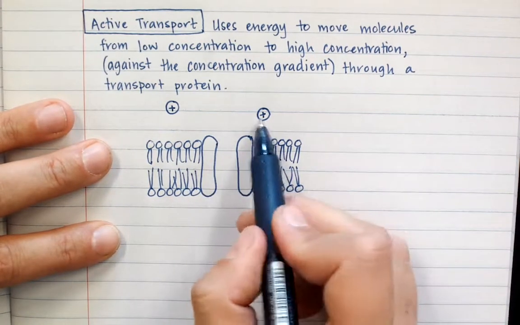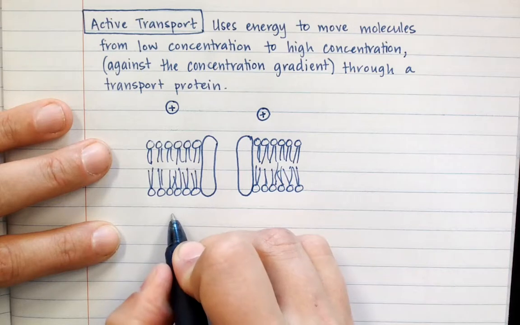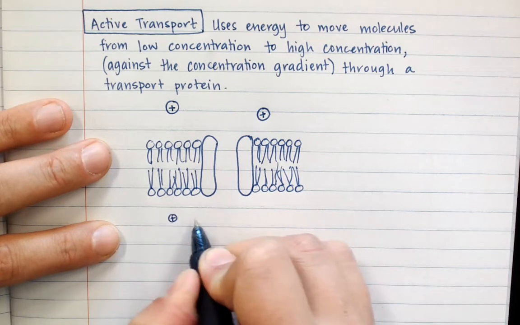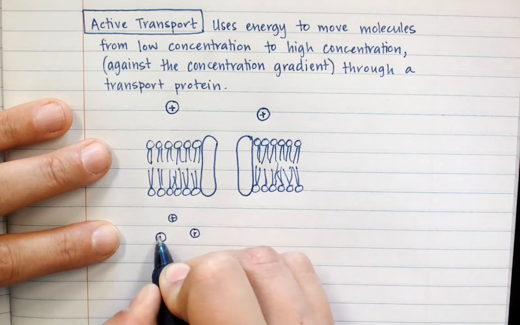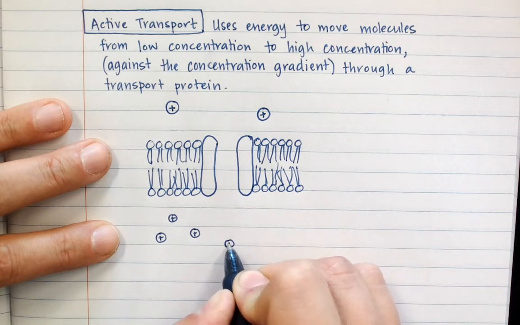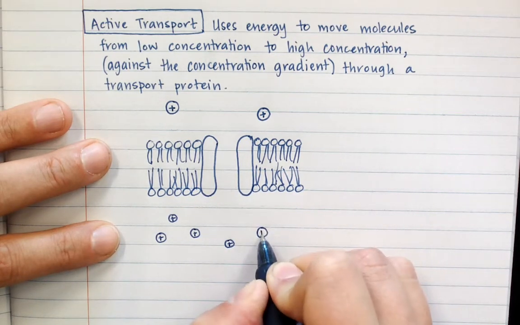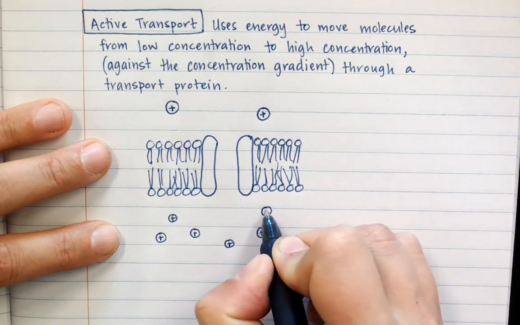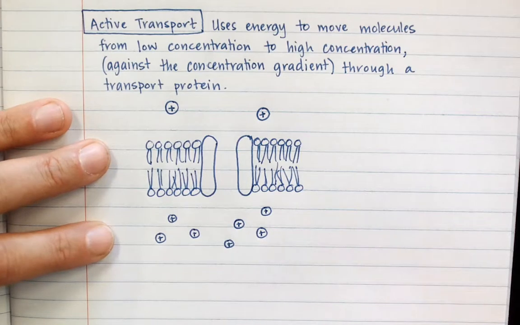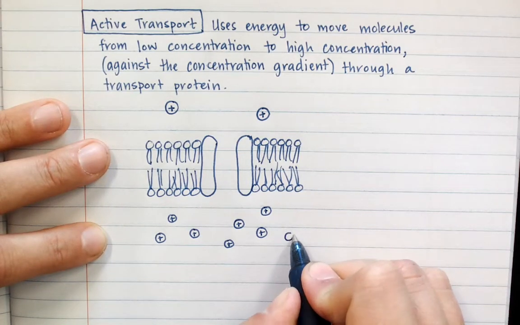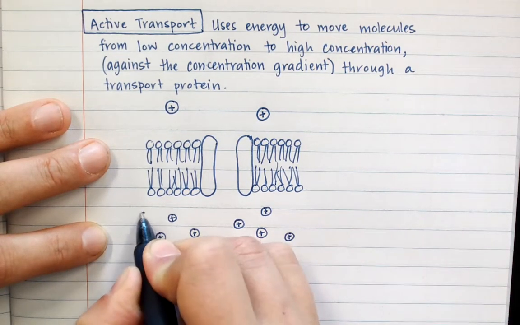So if I draw two of these here, then that's going to be my low concentration. And I'm going to add a whole bunch of them. And these are just hydrogens, but they just have a proton, no electron. So this is my high concentration side.